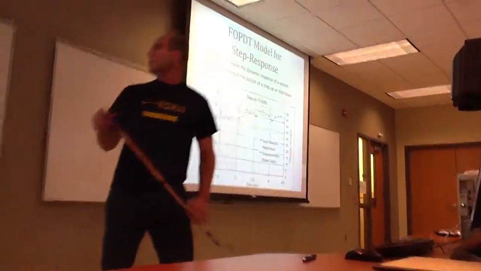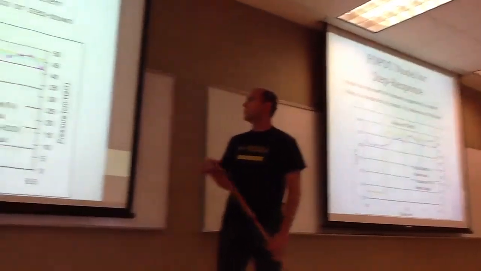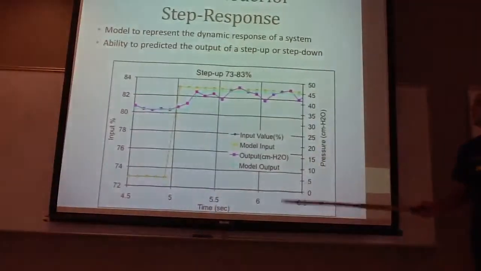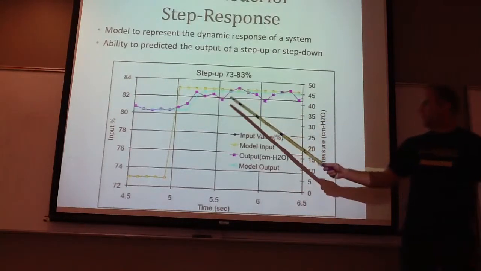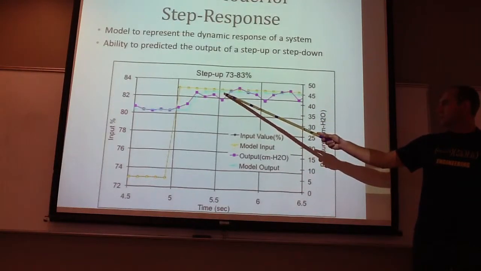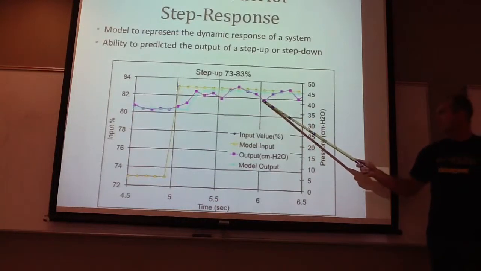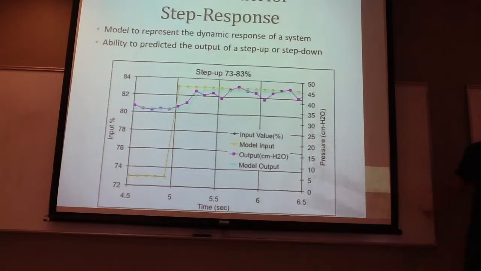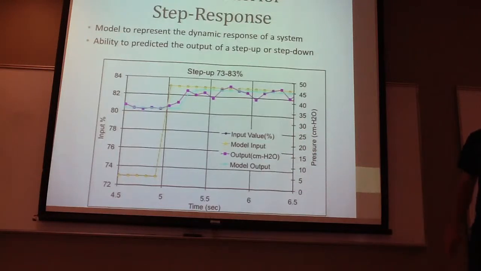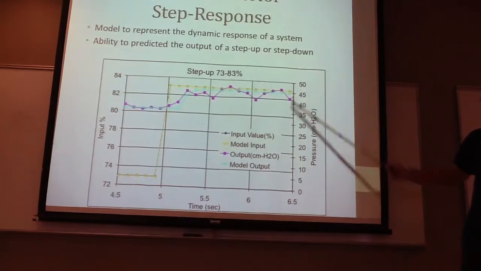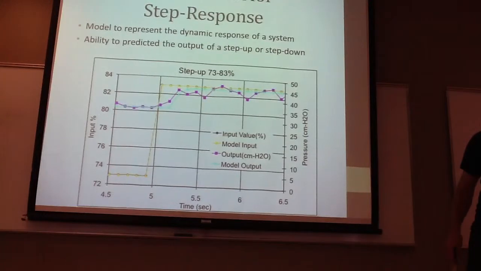This is where we inputted our FOPD model into our data. The model itself is the blue line. Our data for this example is the purple, pink line, whatever you want to call it. It should look like fuchsia.